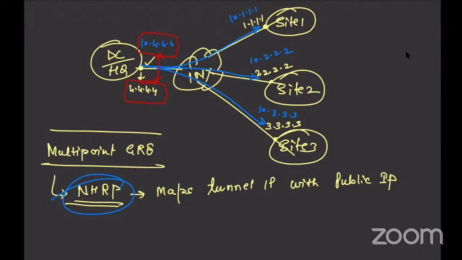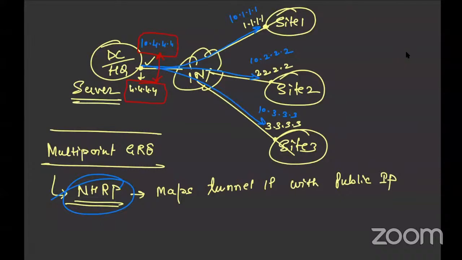You can think of NHRP as being like ARP. It provides you the resolution of which public IP and tunnel IP are connected. In NHRP, one site you will make as a server, which provides the resolution, and the other sites are clients. Normally, in 99% of cases, we make our data center or headquarters the server.